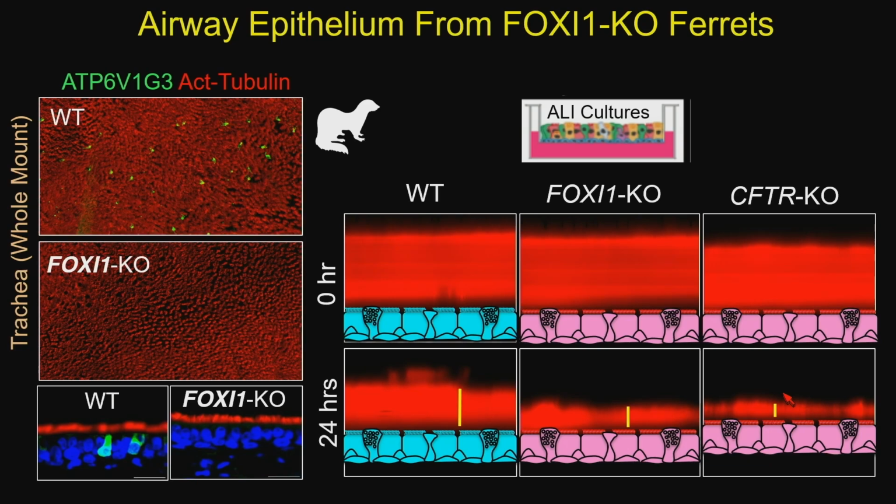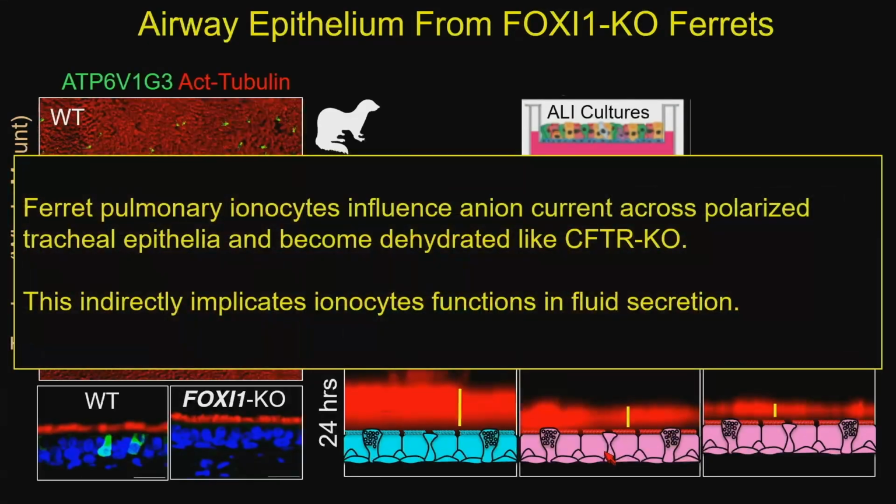Here I'm marking the airway surface liquid height by this yellow line compared to wild type. So ferret pulmonary ionocytes influenced anion current, where that wasn't the case in mouse polarized airway epithelia. And indirectly, the fact that airway epithelia dehydrate implicates that ionocytes are important for fluid secretion, if they're driving chloride secretion as well.